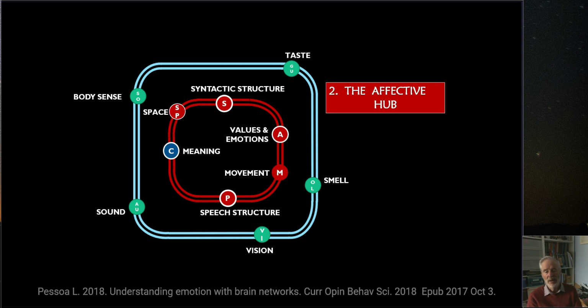So each of them either has a positive or a negative value, and this positive value and the negative value are representations in their own right, and they come ready-made. We don't have to acquire them, right? But what we do have to do, in many cases at least, is to make connections between either a positive or negative value and a particular representation elsewhere in the system.